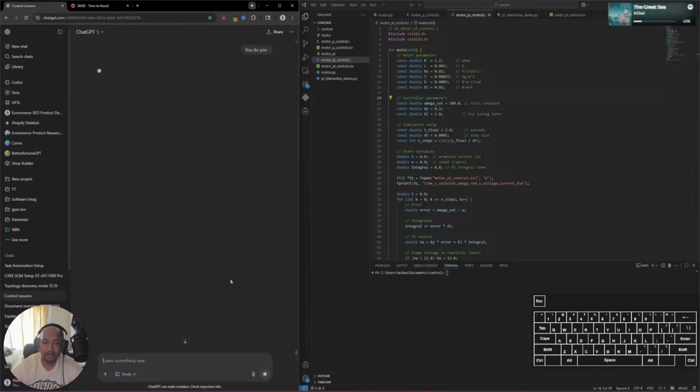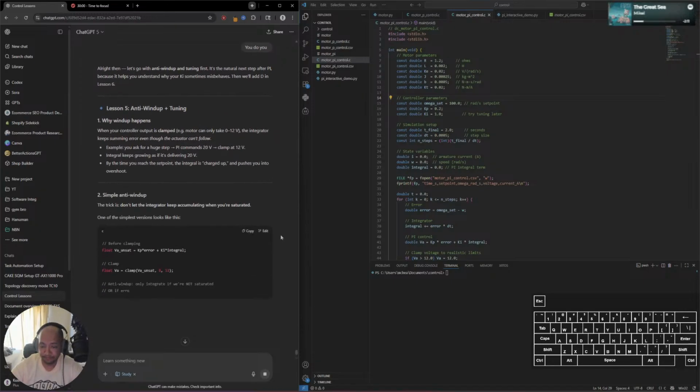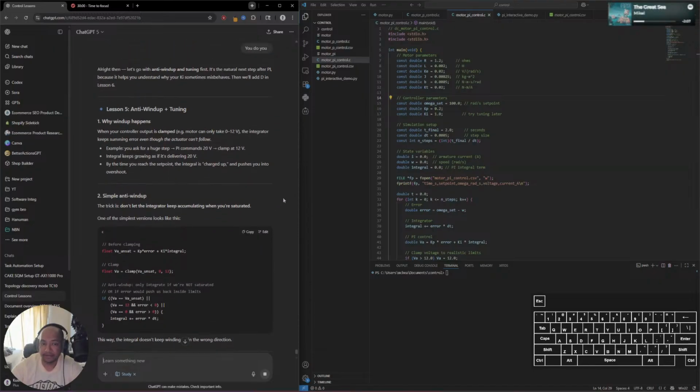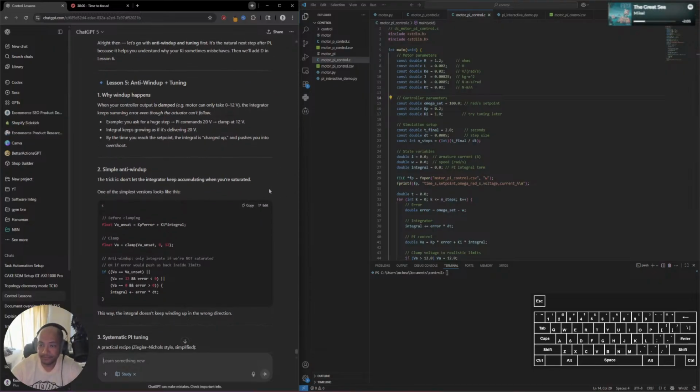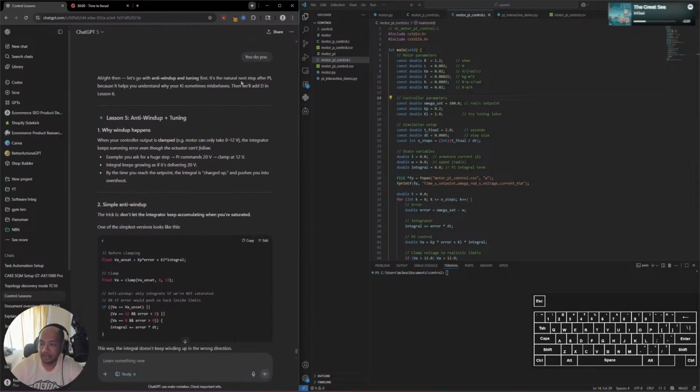These are always my answers, and I think chat is very bad at understanding sometimes what I want, but it's better than me telling it, because I have no idea where I'm going. So, alright, let's go with the anti-windup and tuning first. It's the natural next step after PI, because it helps you understand why your KI sometimes misbehaves. Then we'll add in D in lesson 6.